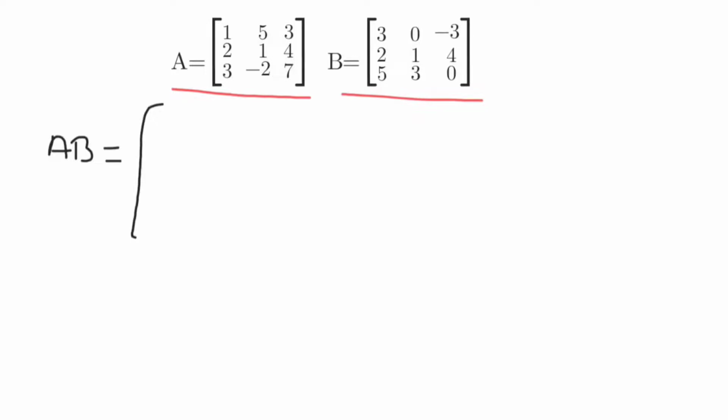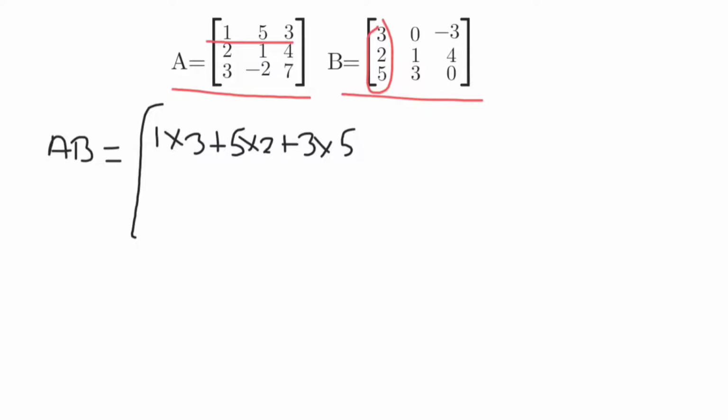For the first element, you need to multiply the first row of matrix A with the first column of matrix B. So what will it be? It will be 1 times 3 plus 5 times 2 plus 3 times 5.